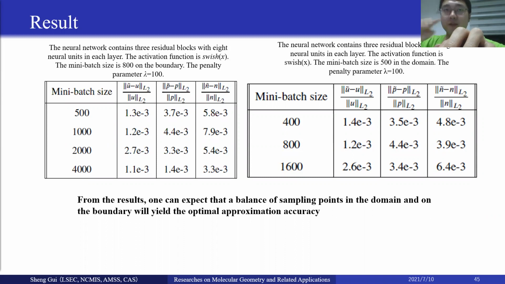From these results, one can expect that a balance of sampling points in the domain and on the boundary will yield the optimal accuracy.